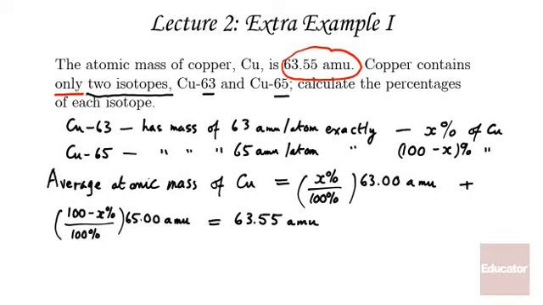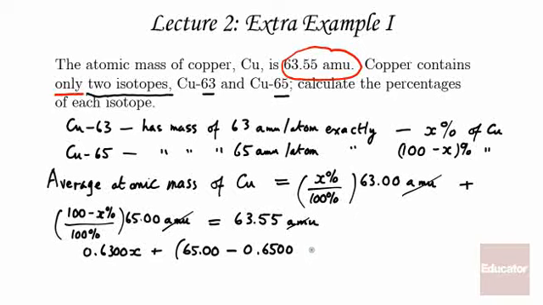Well, let's clear that up. 0.6300x. AMUs cancel out throughout, as you can see, plus 65.00 minus 0.6500x equals 63.55.